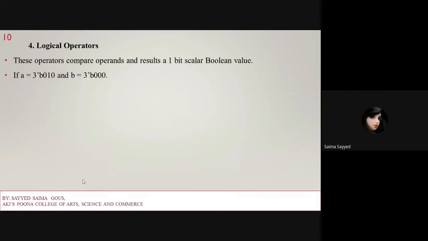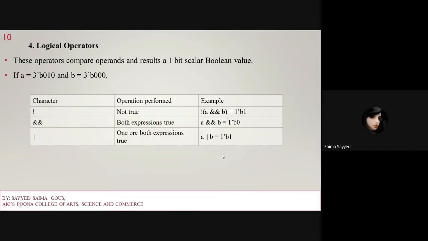So we'll see an example. Here A is equal to the 3-bit binary number 010, and B is equal to again a 3-bit binary number 000. This is the operation performed. First is NOT true, the first logical operator. So here A and B, first bit 0 with 0, so it will become 0.